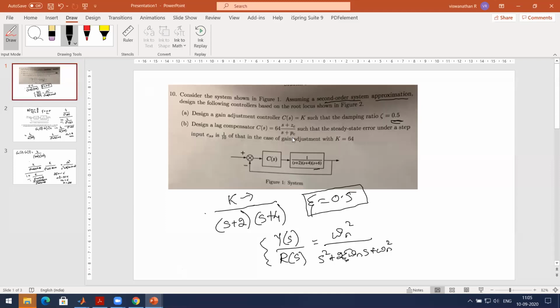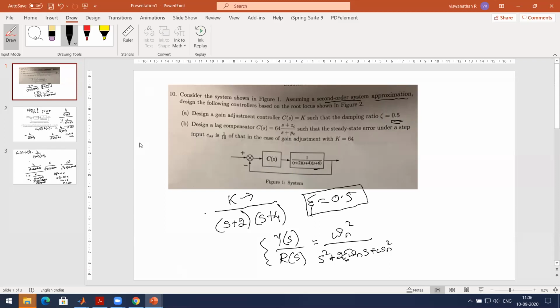Basically what you're doing here is designing a controller for an approximated second order system such that the damping ratio is 0.5. So that is the first problem which we saw. These are some things which you can try both by hand calculations as well as MATLAB.